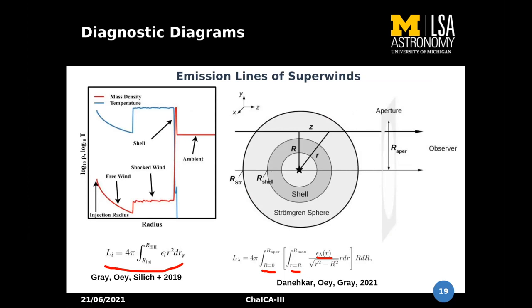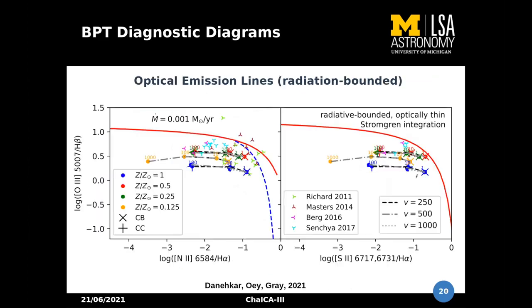Previously, in a paper from two years ago, they just calculated total luminosity, but recently we use these equations and we calculate these two integrals, and we are able to obtain radiation bounded and density bounded luminosity.